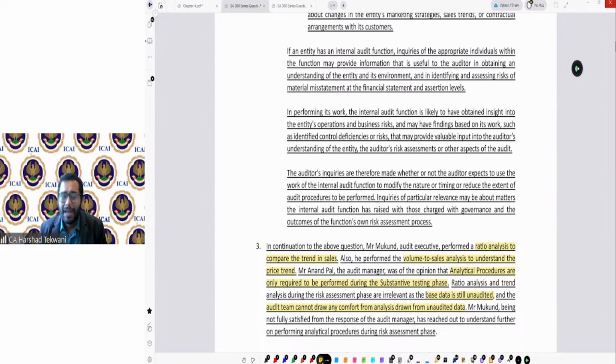So we need to understand from a technical point of view also, do we really get anything by performing substantive analytical procedures at the planning stage?